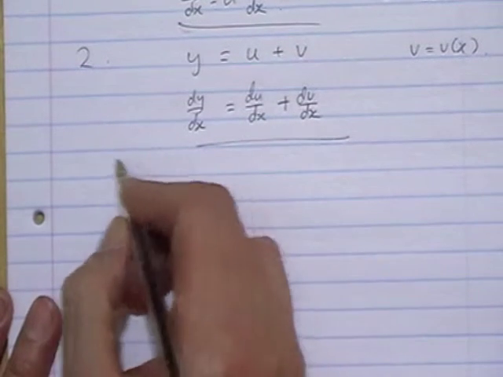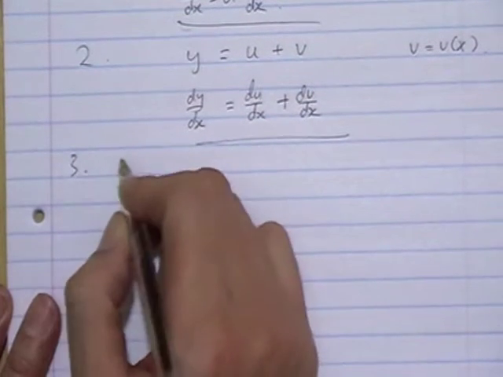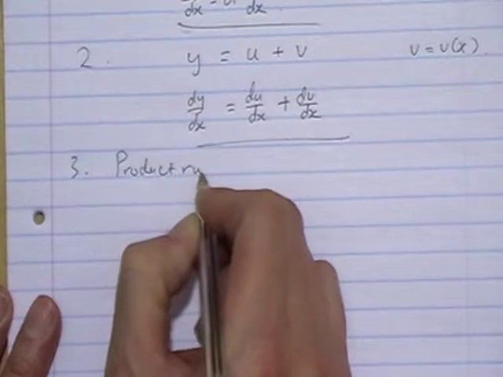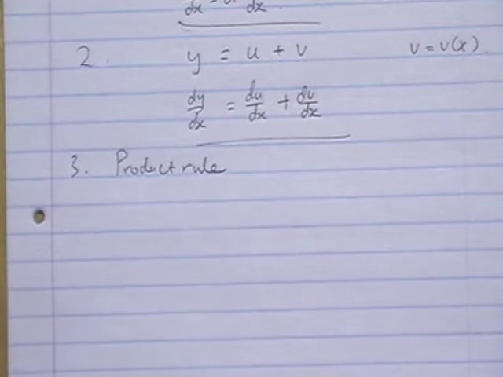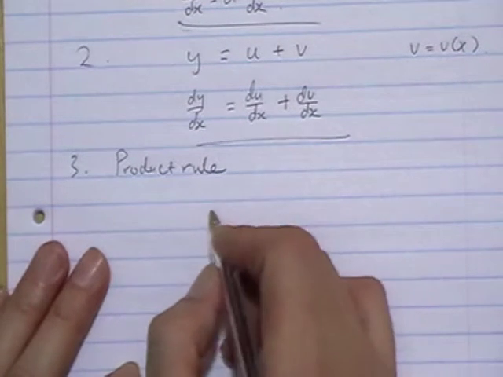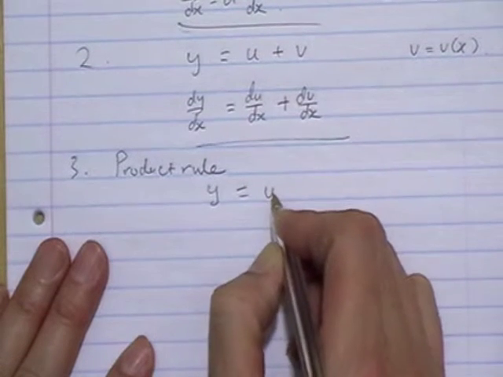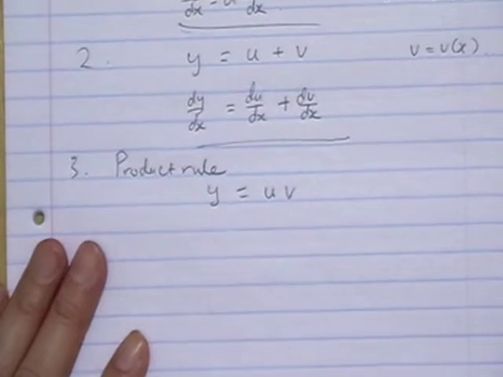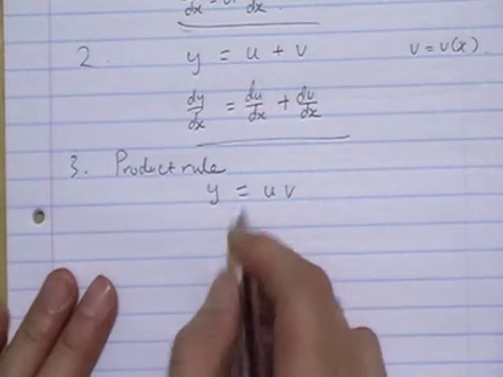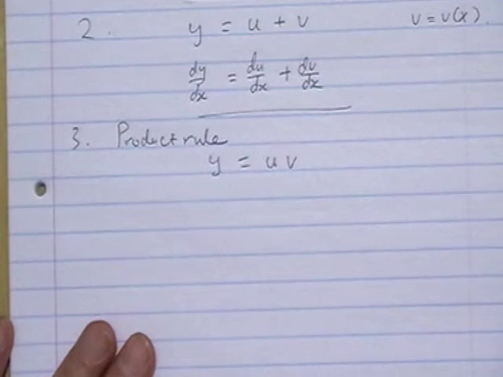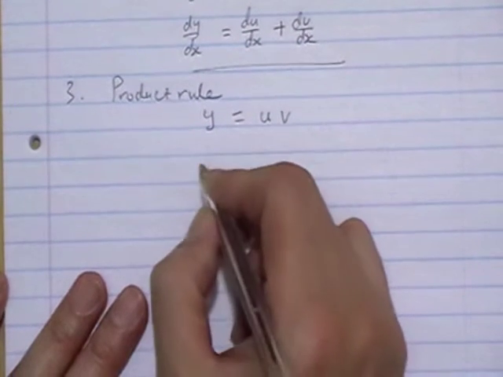Number 3 is the product rule. The product rule says that suppose y is a function u times another function v, and I want to find dy dx.